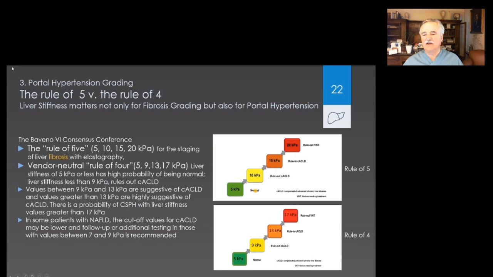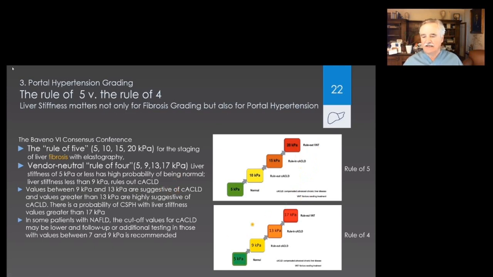From 5 meaning normal, 20 meaning clinically important portal hypertension, and we need to exclude hemorrhage from varices.